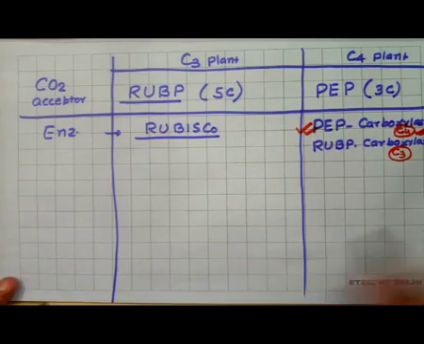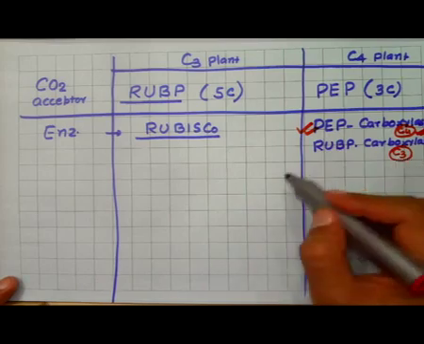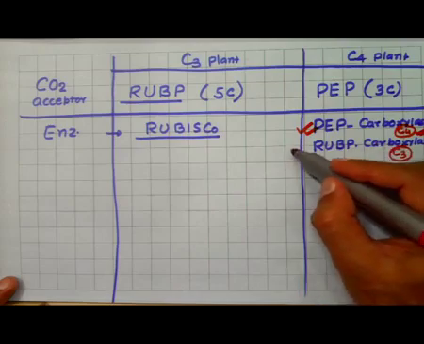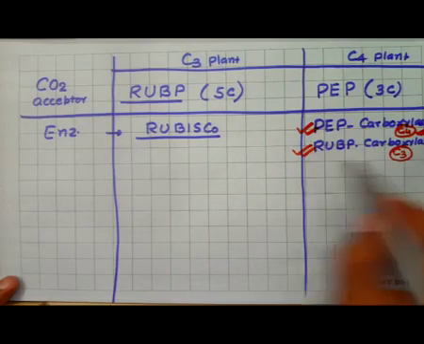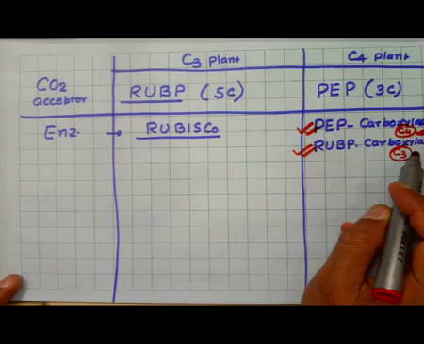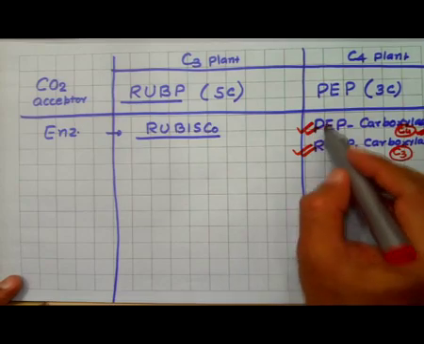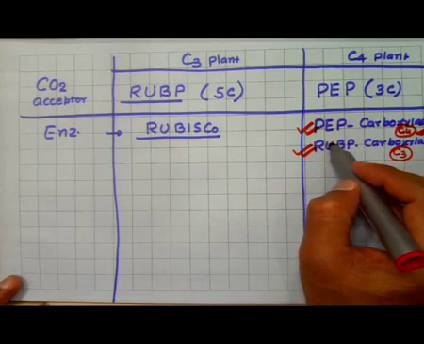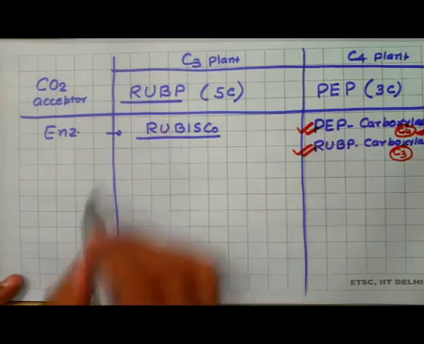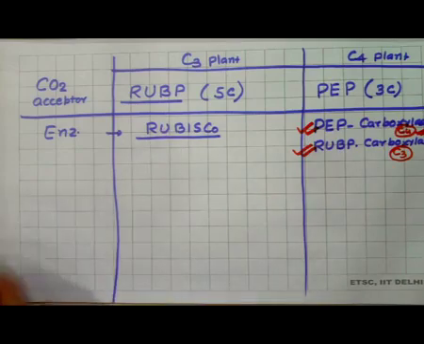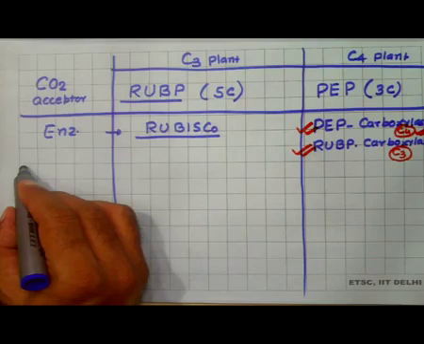The carbon dioxide which is released in the bundle sheath cell is accepted for the C3 cycle by RuBP carboxylase. So, both the enzymes are involved in C4 plant, but only one enzyme, that is Rubisco, is involved in C3 plant.